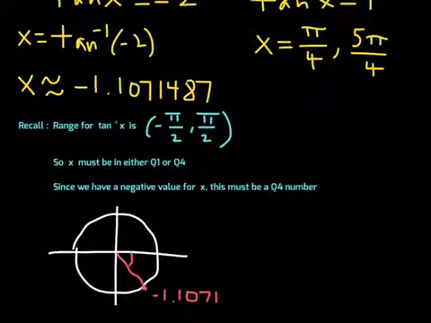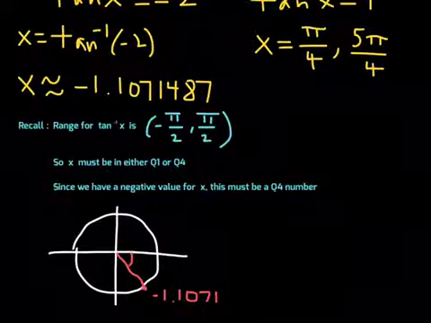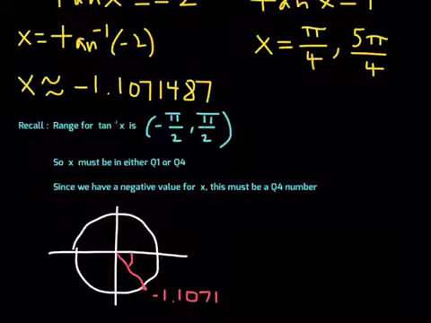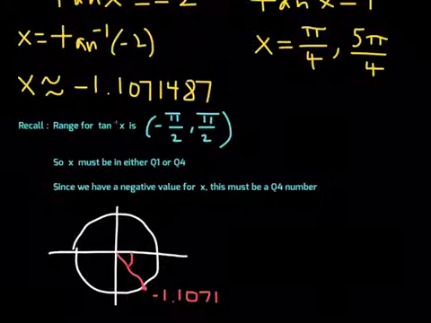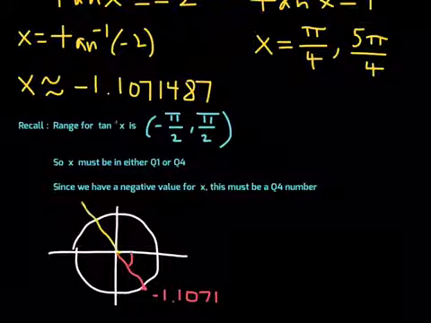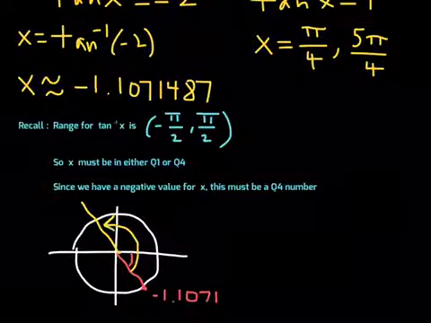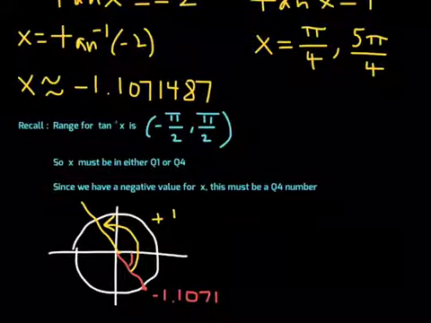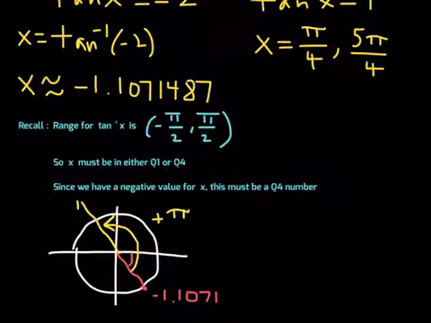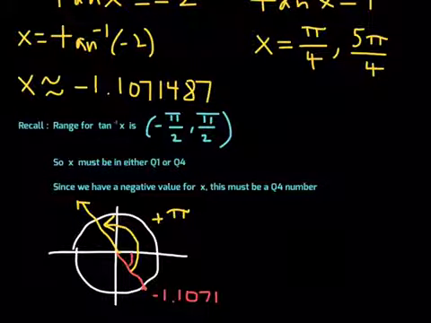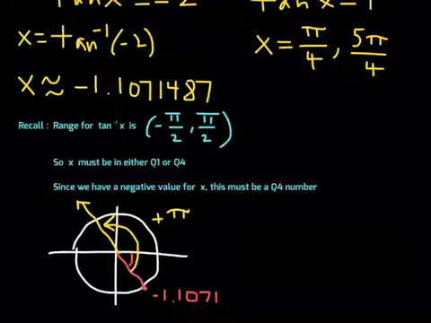So what we can do is if we add pi, right? Let me show you what that would do for us. If we add pi, we would end up over here. So if we add pi to our answer, then that would put us over here in quadrant number 2. So you would have an answer over here in quadrant 2.